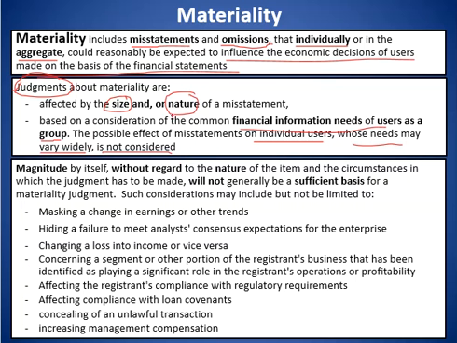Now, here's where we're talking about nature of the misstatement or omission. Magnitude by itself, without regard to the nature of the item and the circumstances in which the judgment has to be made, will not, again, emphasize, will not generally be a sufficient basis for a materiality judgment. In other words, even though an item falls below what the auditor considers to be a materiality threshold, we have to look at why a particular misstatement or omission was made.